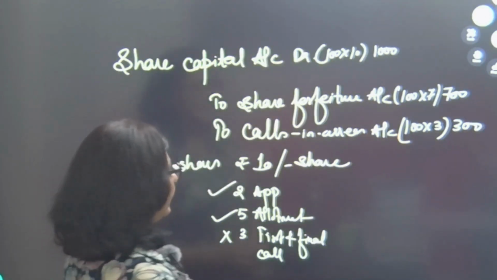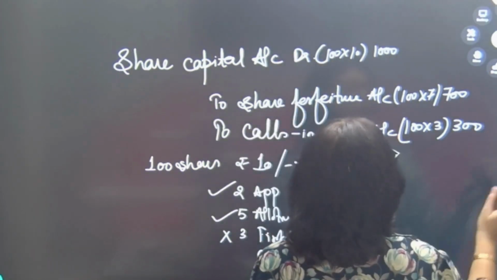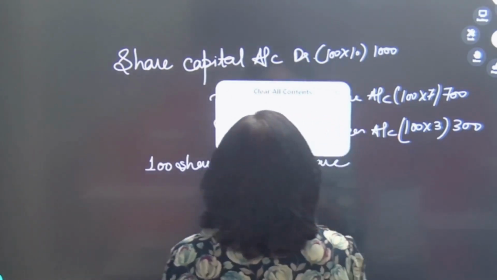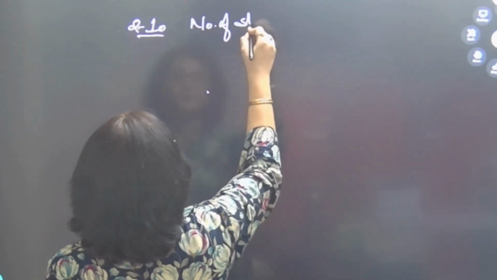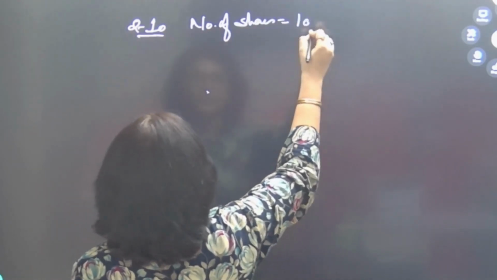Now let us take one more example where we will see if the shares are being forfeited without calling up all the money. Let me take one example. Let's say again share is of 10 rupees and number of shares are 100.